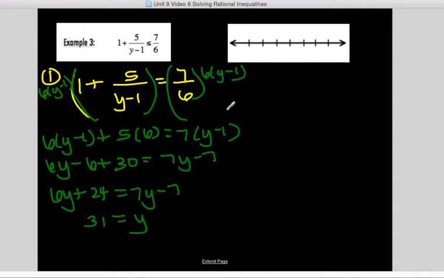Notice how this one has an equals to it, so this will have a closed circle, right? Because you can be it. So we go ahead and put that on. I'm just going to label 31. Closed circle, not open this time.